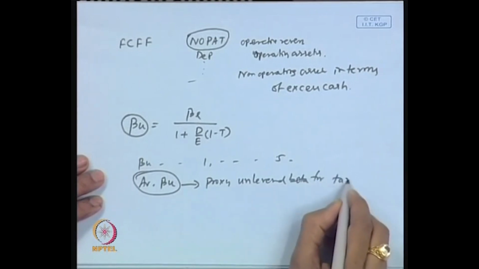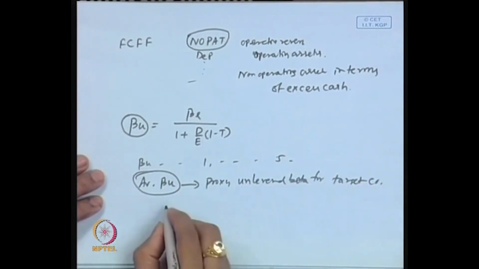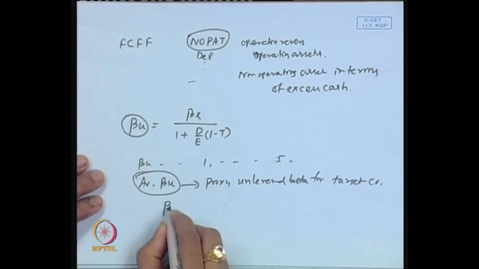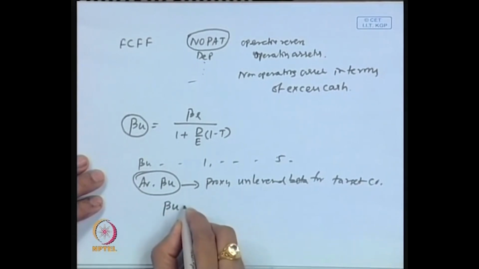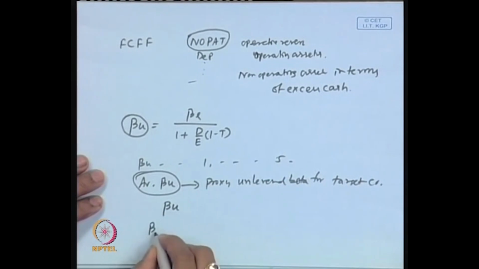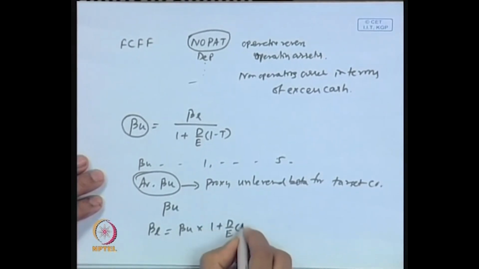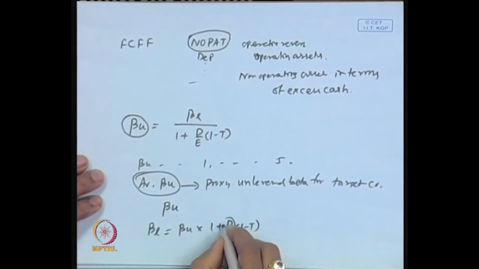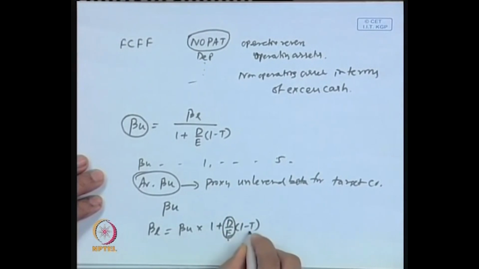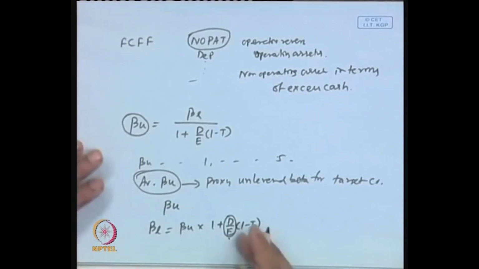and that is supposed to proxy the unlevered beta for the target company which is not listed, and this unlevered beta can be used to find out the levered beta. So, levered beta is nothing but unlevered beta into 1 plus D by E into 1 minus t. D by E is the target company's debt equity ratio, and tax is the target company's corporate tax rate.